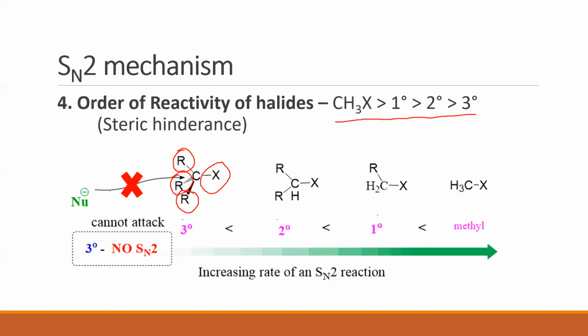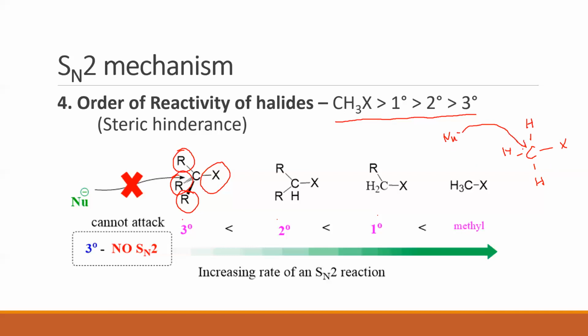Now, if the nucleophile wants to attack the central carbon, is there space? Space is very, very less. Hence, the attack is difficult. Whereas on the other hand, let's look at CH3X here. Now can the nucleophile attack from the backside easily? Yes, it can.